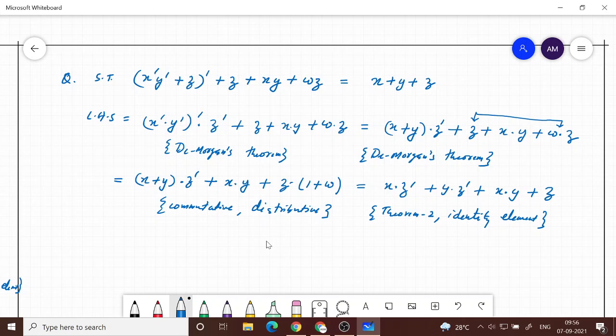I hope I have not made any mistake so far. Let me check again. I applied De Morgan's theorem one time, kept all other terms as it is, applied De Morgan's theorem once again. So x plus y I got, fine, else kept it together, and then okay, I think I have not made any mistake. Okay, so this we have to prove that it is equal to x plus y plus z.